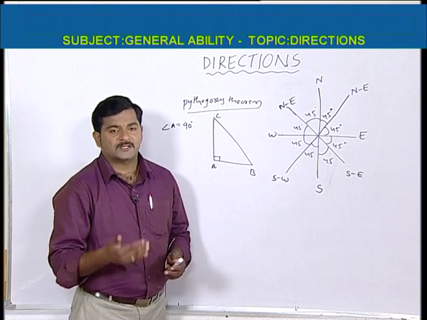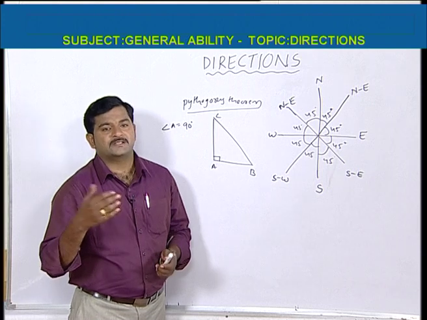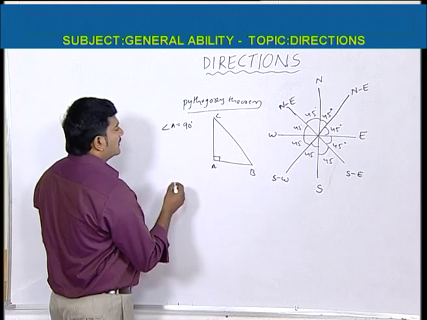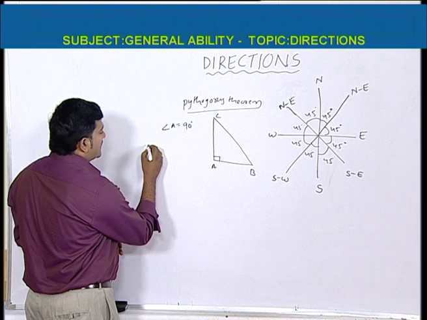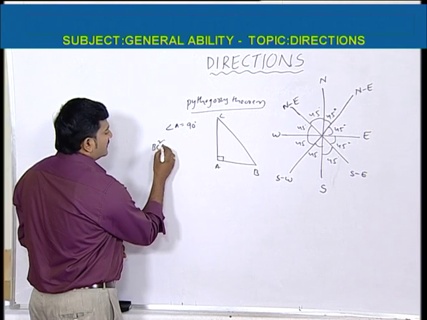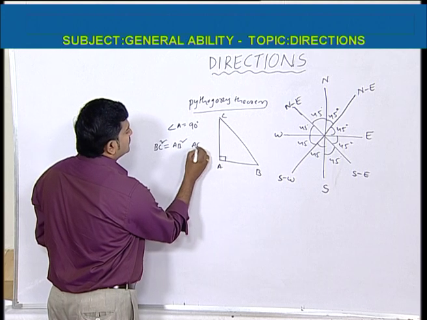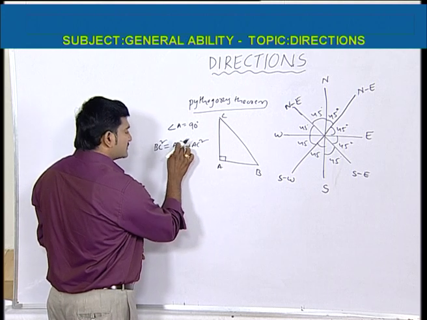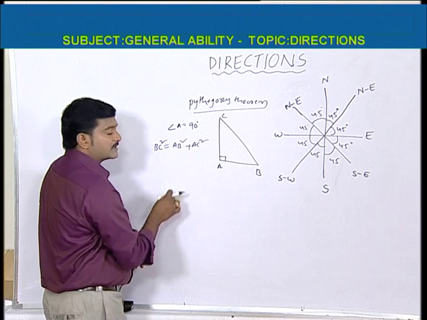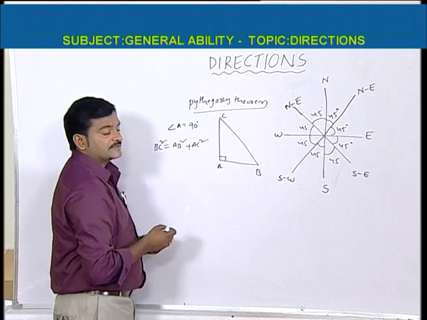If you apply that concept here, what is my hypotenuse? BC. So the square of BC is equal to the sum of the squares of the other two sides, AB and AC.